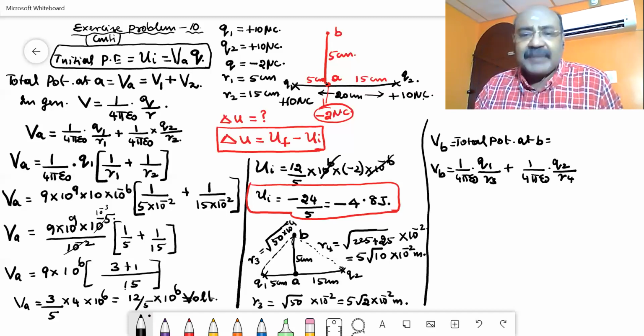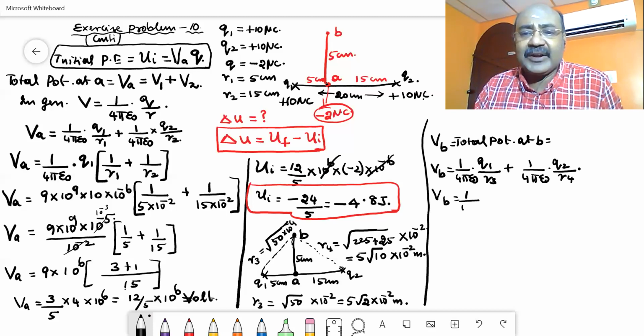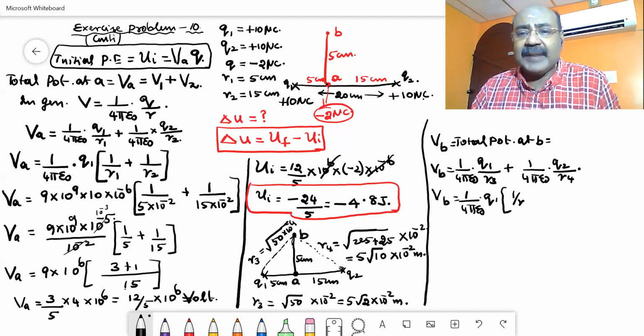Now to simplify, potential at B equals 1 divided by 4 pi epsilon 0 into Q, since Q1 and Q2 are the same, taken as common, 1 divided by R3 plus 1 divided by R4.